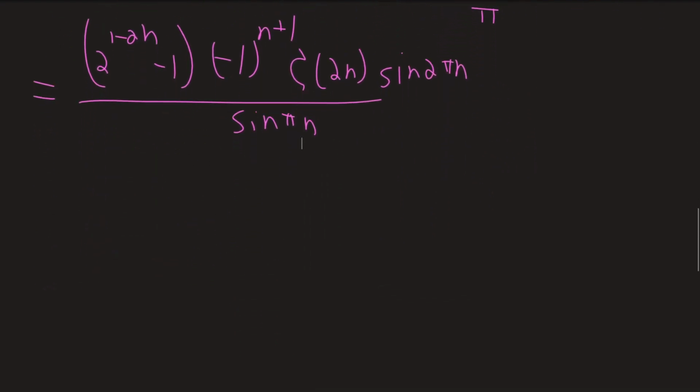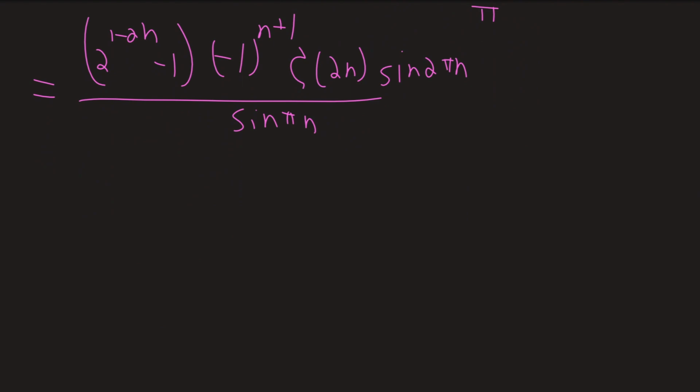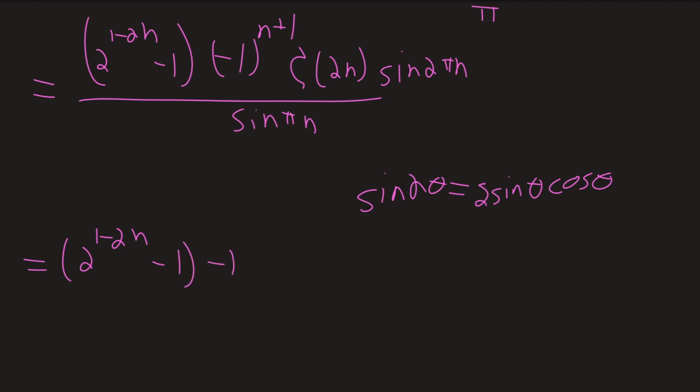And one thing we're going to do next is just apply the, I always forget the name of this identity, but the identity that sine of 2 theta is equal to 2 sine theta cos theta. We're just going to apply this here, that way we can get this and this to cancel. And what this leaves us with is our 2 to the 1 minus 2n minus 1 times negative 1 to the n plus 1 zeta of 2n.